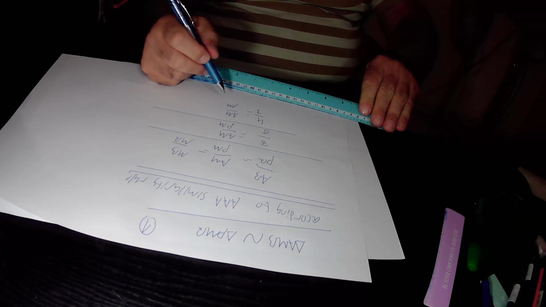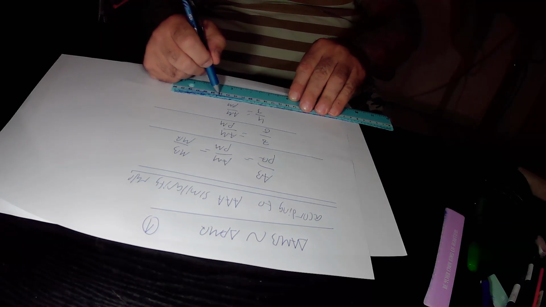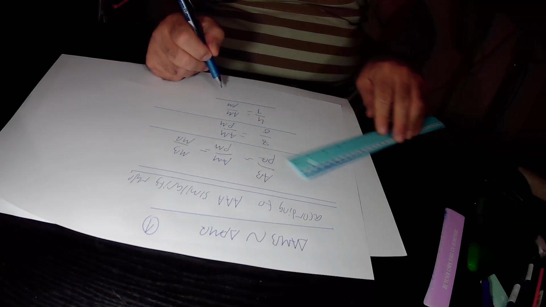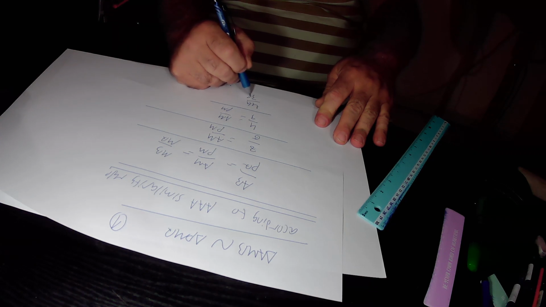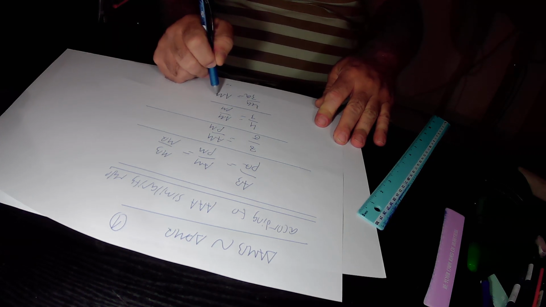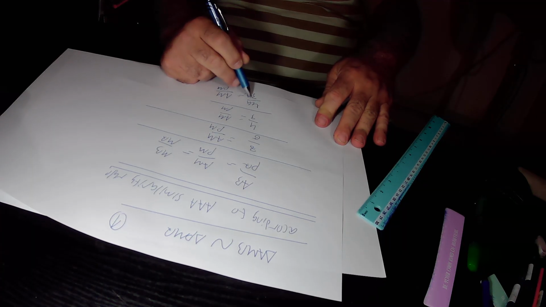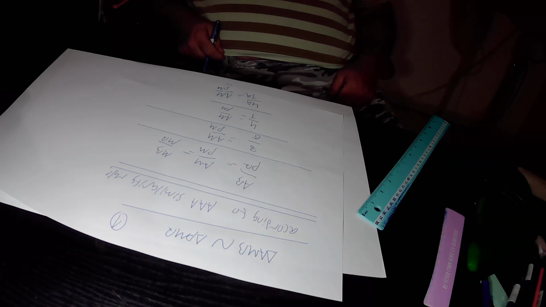Here we multiply both the numerator and the denominator of this fraction by A. We get that 4A over 3A equals AM over PM. A over A is 1, and it is allowable to multiply any expression by 1. It will not change the value of the expression.